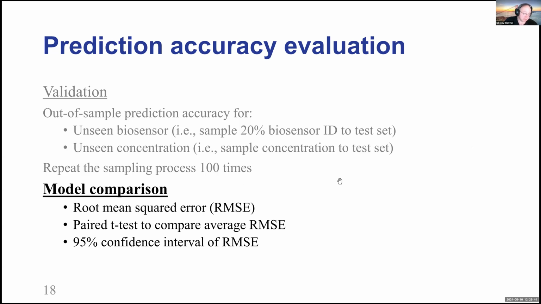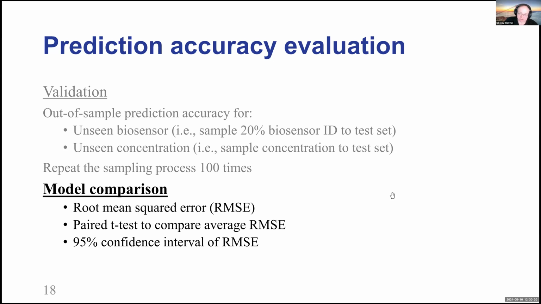What are some of the metrics? A common metric is the root mean squared error. What we're also doing, and this is something that's not commonly done, is done much, much less frequently than using root mean squared errors, is that we would like to use a statistical test to see if one algorithm is superior to another one. Just the fact that the root mean squared error for one algorithm is lower than for the other does not imply that it is superior.